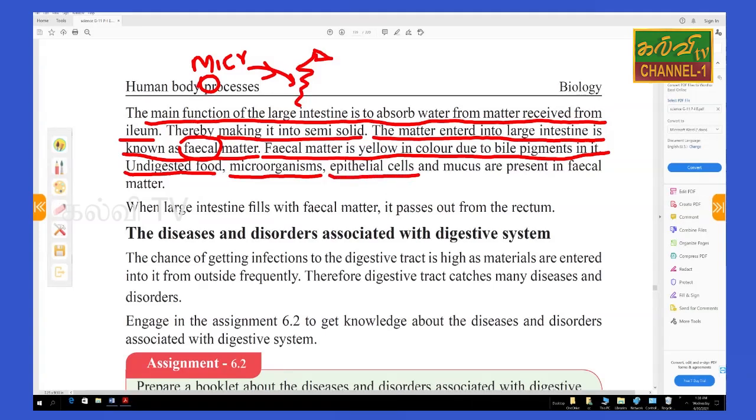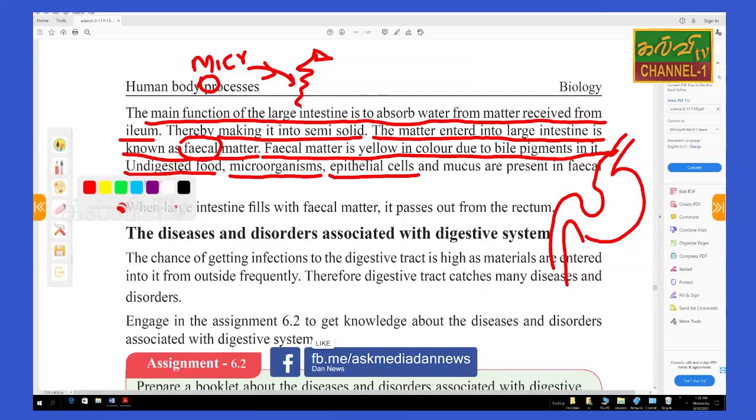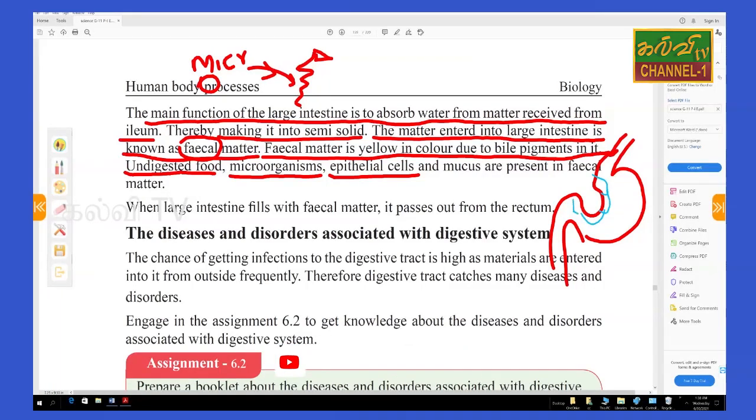We already studied the epithelium layers in the digestive tract. Epithelium, we already studied in tissues, right? The surface is covered by a cell layer, that is epithelium.